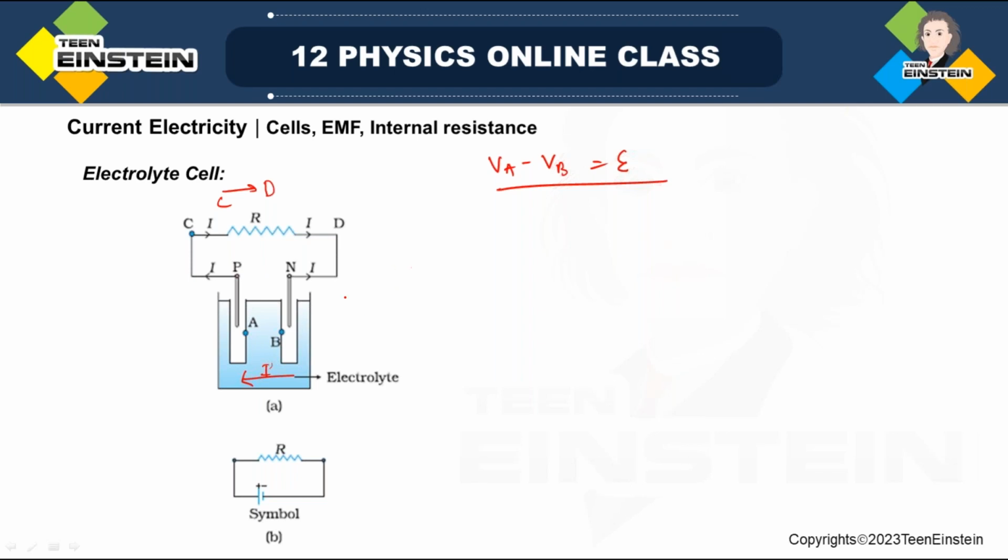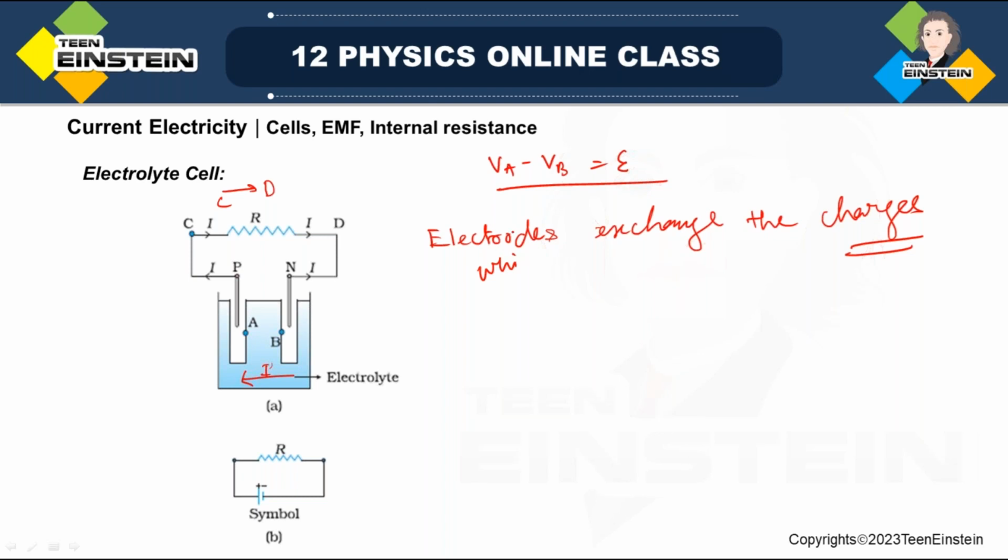This is because electrodes exchange charges, which cause a flow of current.